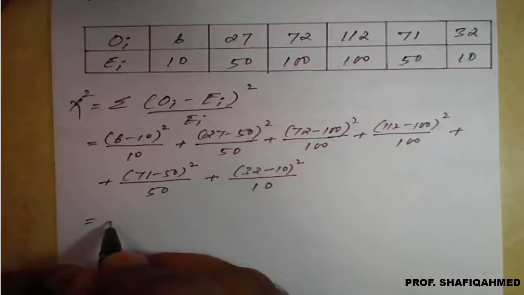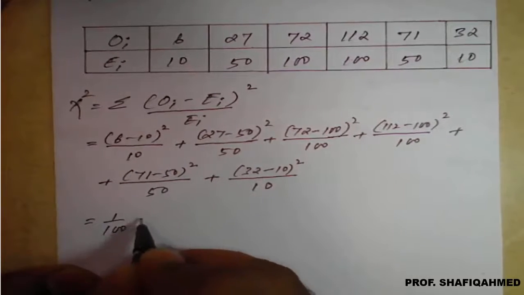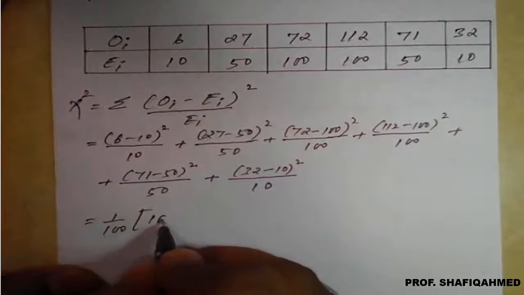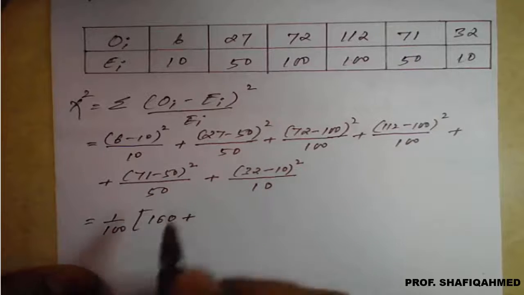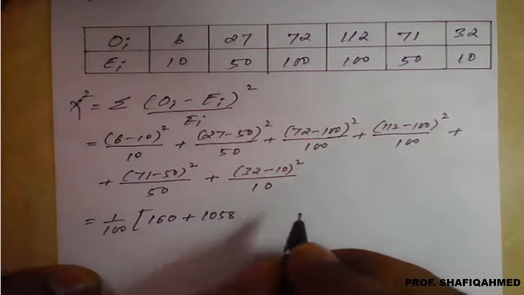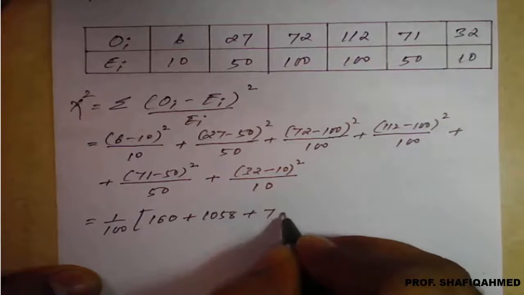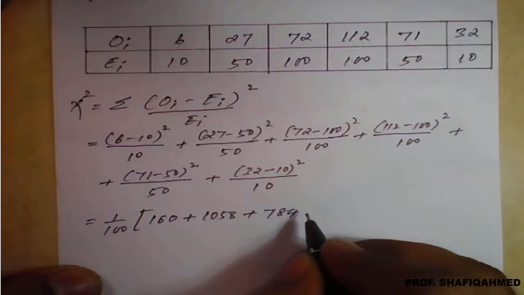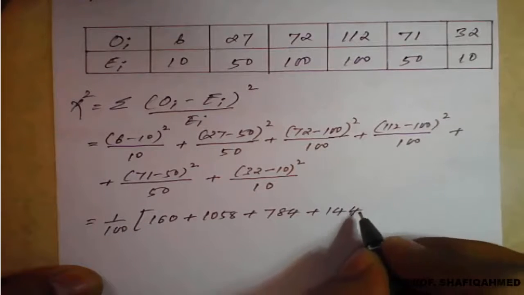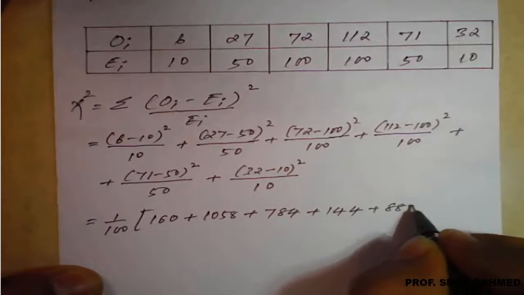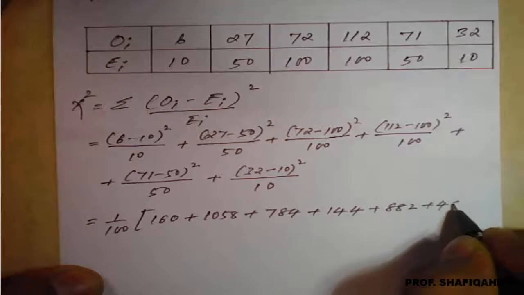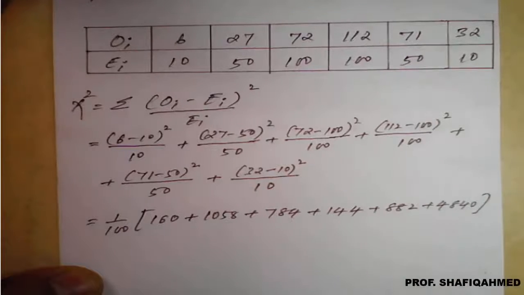Among this I will take 1 upon 100, and the simplification of this gives 160 plus, second fraction simplification, 1058, next is 784 plus 144 plus 882 plus 4840.